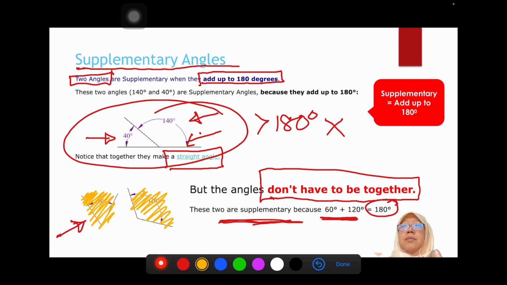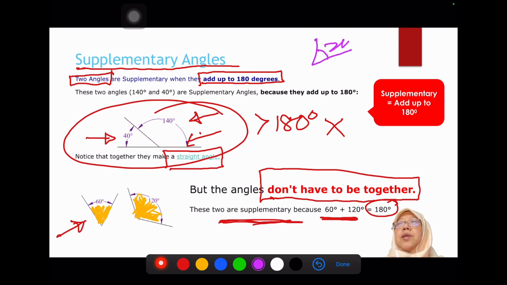So ask them to color the angles. They take 60 plus 120 is 180, so these are supplementary angles. And then you might have others like 20 degrees, 150 degrees, and another one 160 degrees.